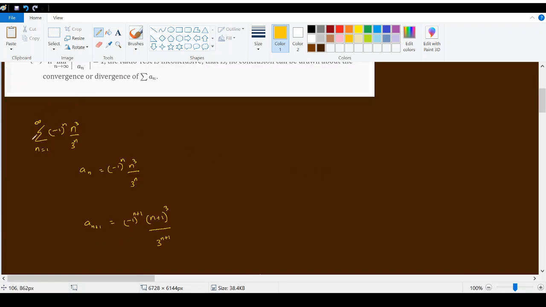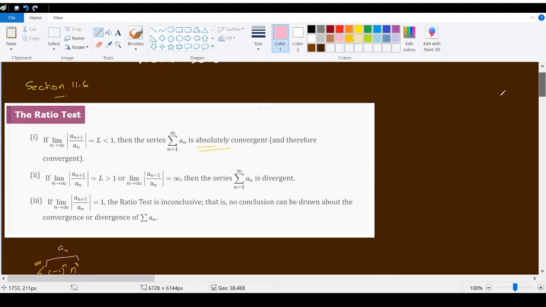Let's consider this example: the series of negative 1 to the power n times n cube divided by 3 to the power n. So here this is the anth term, right? And for the ratio test we need an plus 1 divided by an.